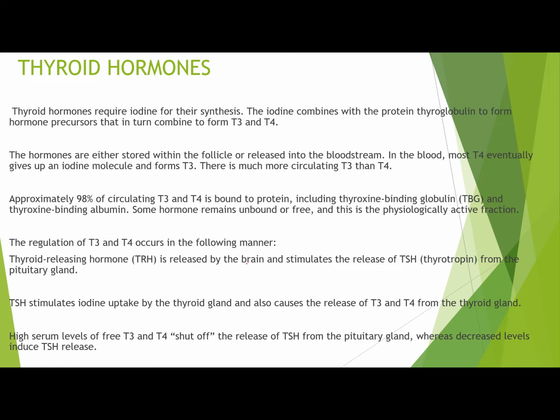Thyroid-releasing hormone is released by the brain and stimulates the release of TSH or your thyrotropin from the pituitary gland. TSH stimulates iodine uptake by the thyroid gland and also causes the release of T3 and T4 from the thyroid gland. High serum levels of T3 and T4 shut off the release of TSH.